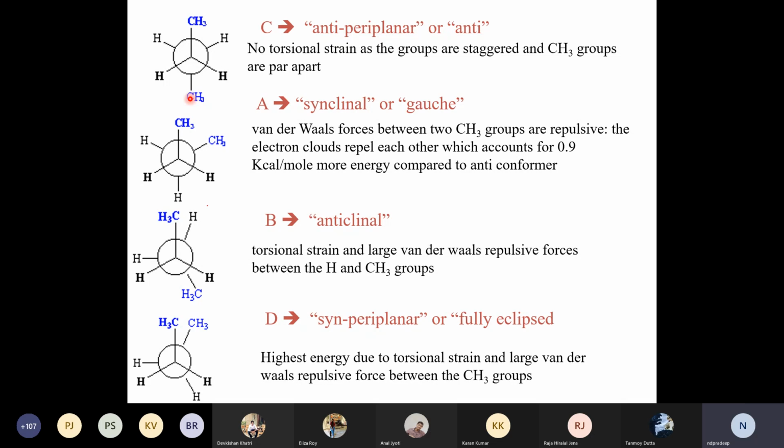One is anti-periplanar, another is syn-periplanar. Syn-periplanar only is called fully eclipsed. Anti-periplanar can be called anti or staggered, but staggered people don't call it. We call them anti-periplanar, syn-periplanar, synclinal, anticlinal. These are the words we use most of the time for butane. It's good to remember these names. People are not going to ask any question on this basis, but you should know that if it is synclinal, it is a gauche form.